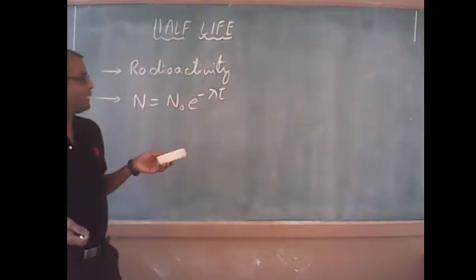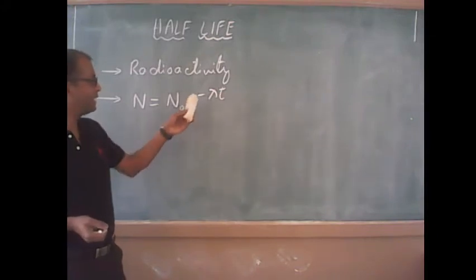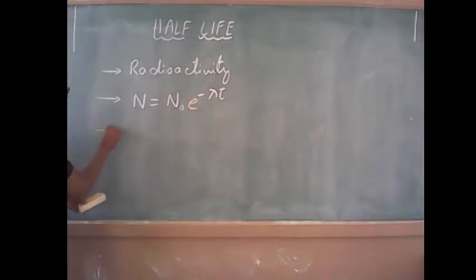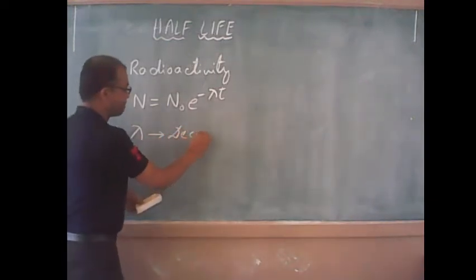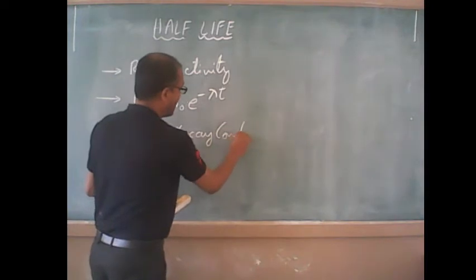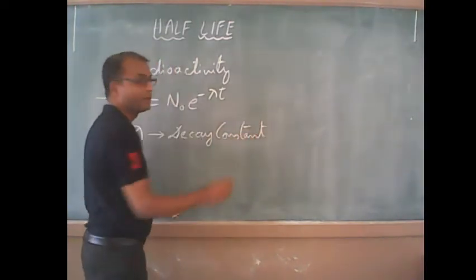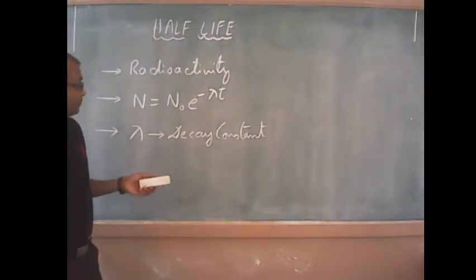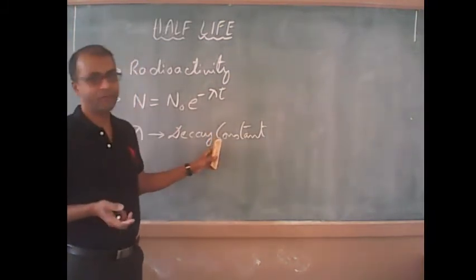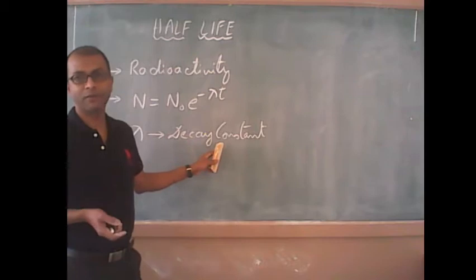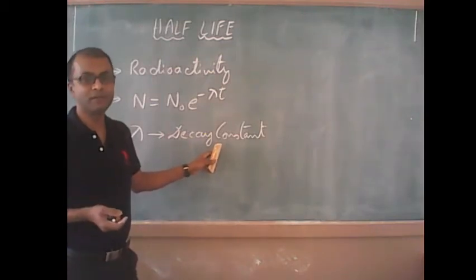The rate of decay is a characteristic of the element, characterized by the constant lambda, which we call the decay constant. It is different for different radioactive elements. So if I have a radioactive substance, the number of atoms will keep on decreasing with time.